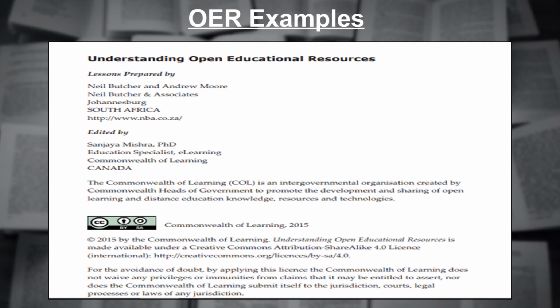Then below that you are seeing a rectangular box, and inside that a few circles, CC BY SA. So this is also an OER because this e-text has an open license attached to it.